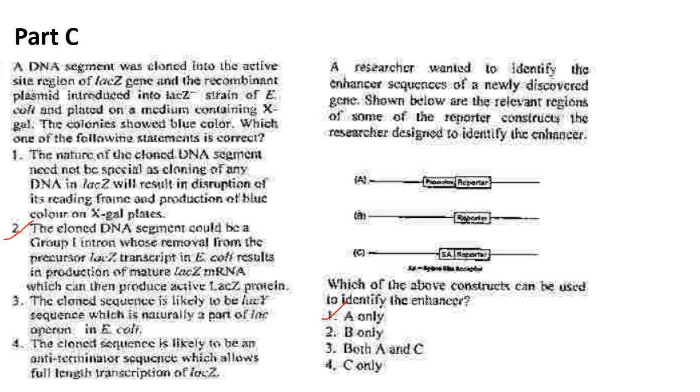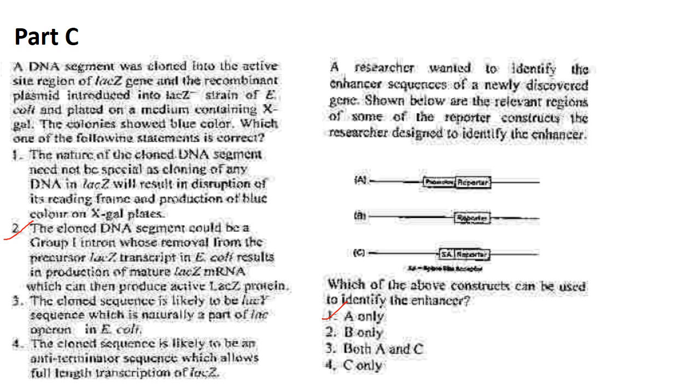So, a DNA segment was cloned into the active site region of LAC-Z gene. So, when you clone something in the LAC-Z gene region itself, it will become LAC-Z minus and it will not produce functional beta-galactosidase enzyme. And this recombinant plasmid was introduced into LAC-Z minus strain of E. coli.